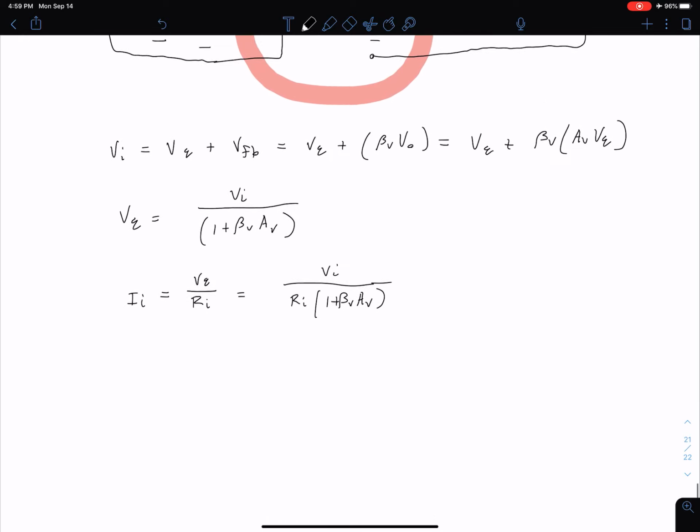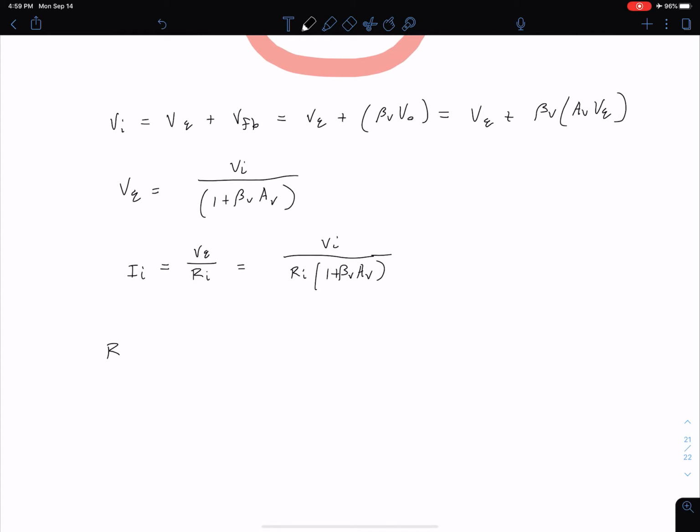And like I said a second ago, if we're ultimately interested in our input resistance RIF, that's going to be equal to our input voltage VI divided by that input current II. So using this equation above, we're basically just dividing VI.